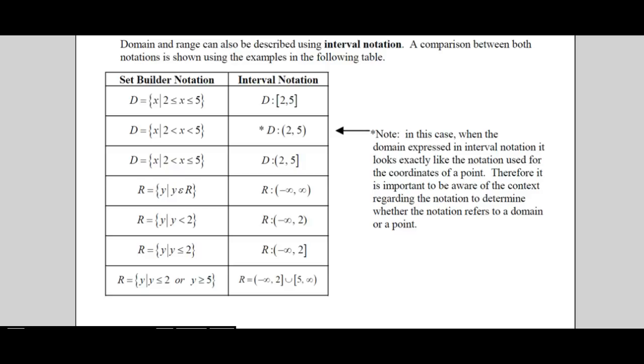So it says from negative infinity to 2, including the 2, and, or, so the union is the word or, it's from 5 up to infinity, and it includes the 5, right? If that was an open bracket here, that would be just greater than 5, not including the 5. So this is interval notation.